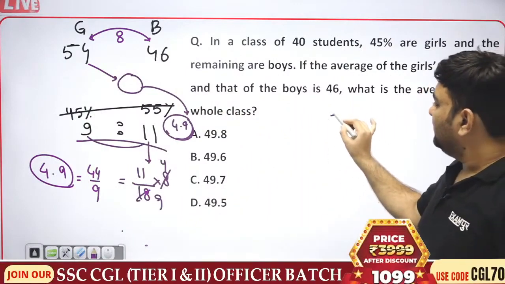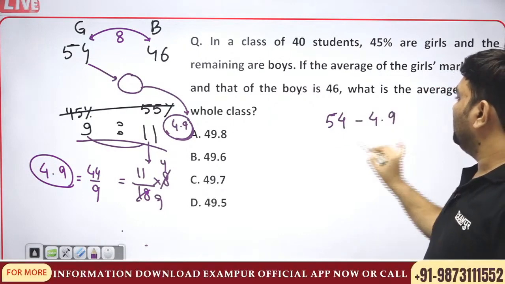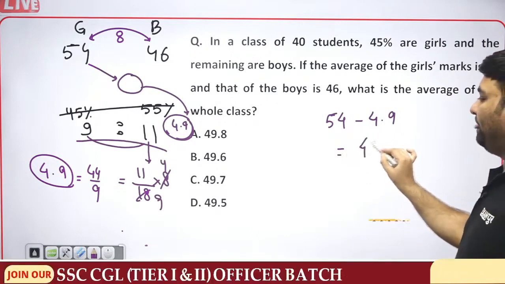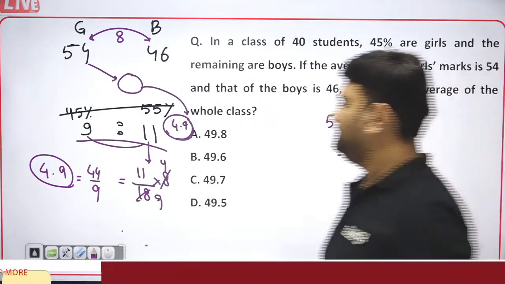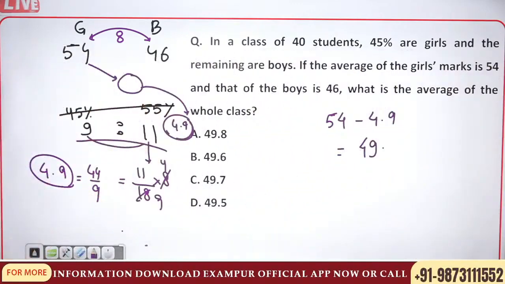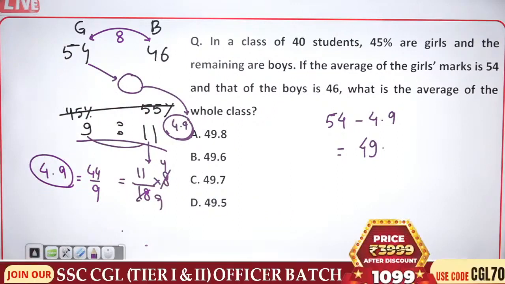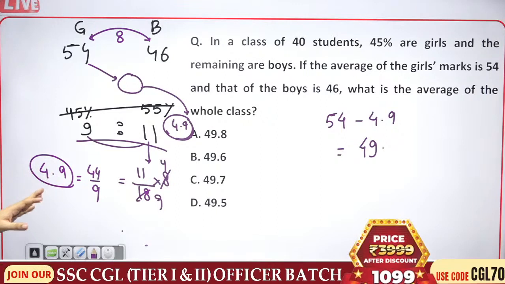So the value we are looking for is 54 minus 4.9. If I subtract 5, it will become 49.1.